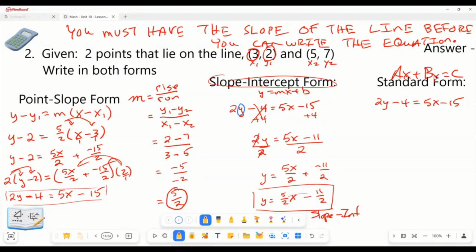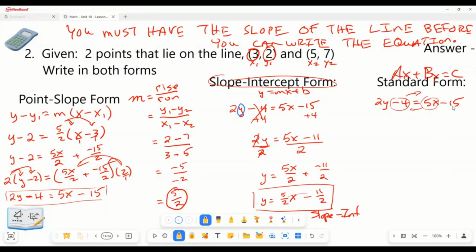The x and the y have to be on the same side. Y is over here, x is over here. So this is not in standard form. This 5x needs to be over here. This -4 needs to be over there. So this has got to get over there. This has got to get over there.